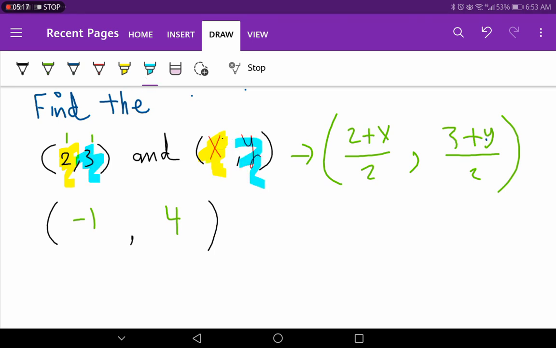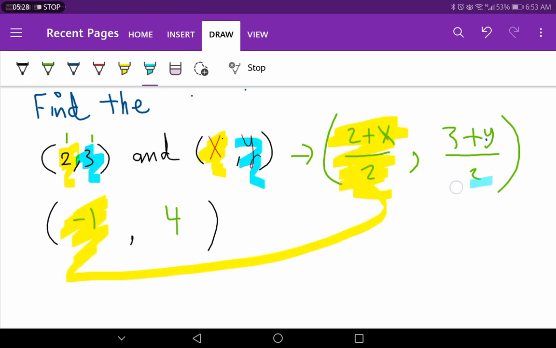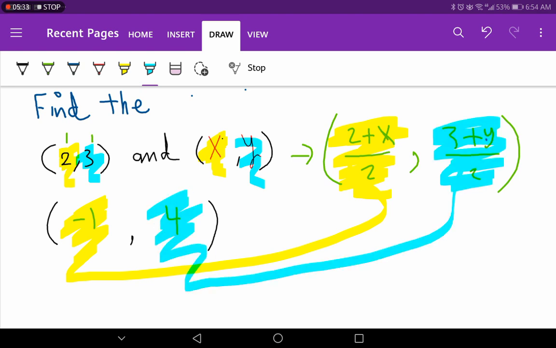Good. And by the way, this is x. Good. Now this part must equal what? The first part. And this part must equal this part.